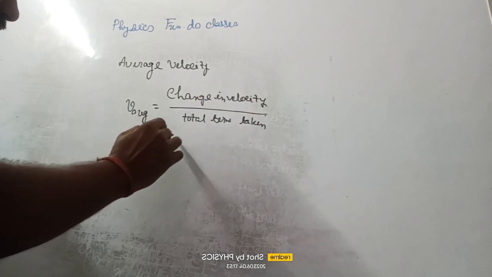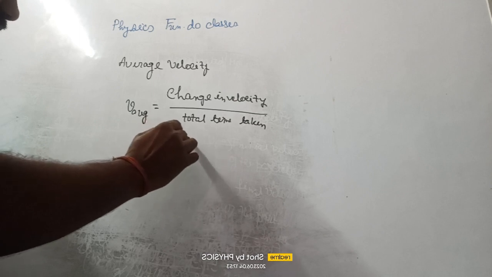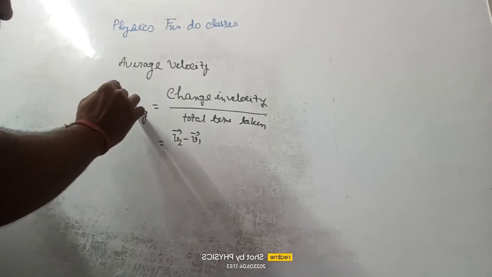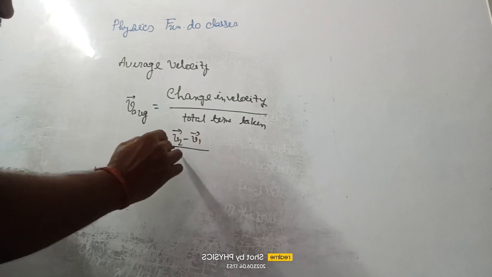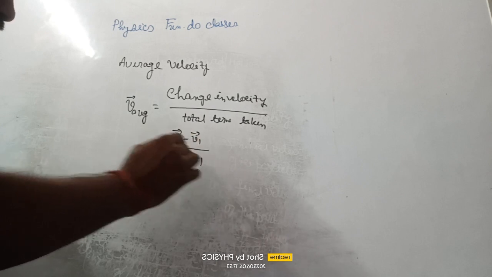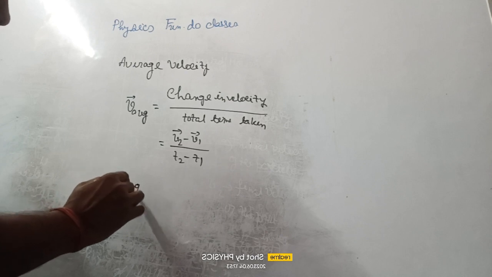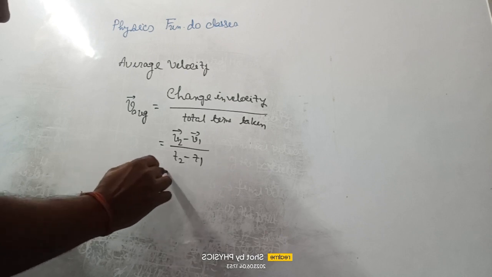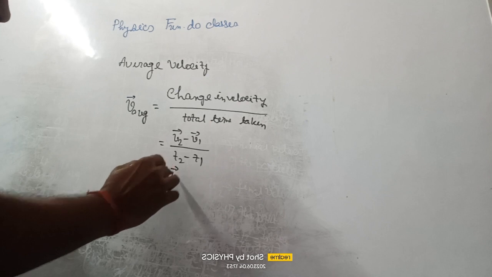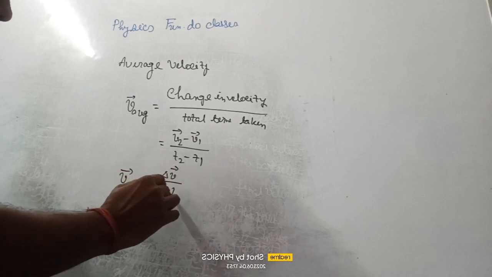We can write it as v2 vector minus v1 vector by t2 minus t1, or v average may be written as delta v by delta t.